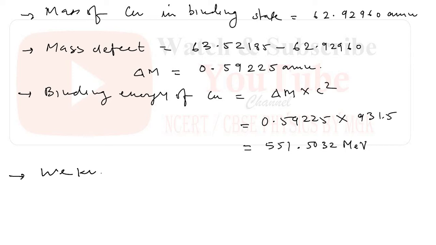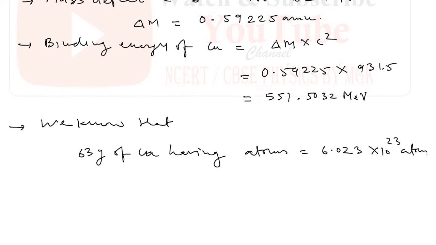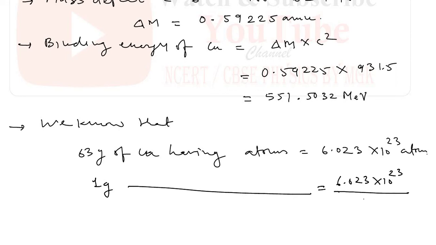We know that 63 gram of copper has the Avogadro number of atoms, that is 6.023 multiplied by 10 to the power 23 atoms. So 1 gram has 6.023 multiplied by 10 to the power 23 divided by 63.